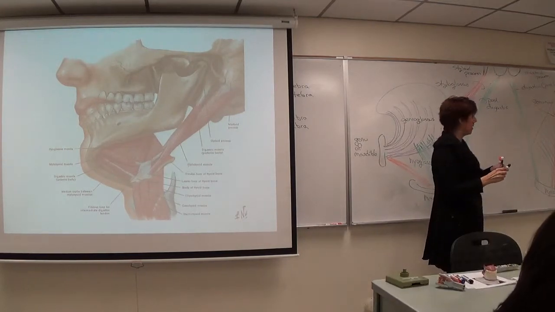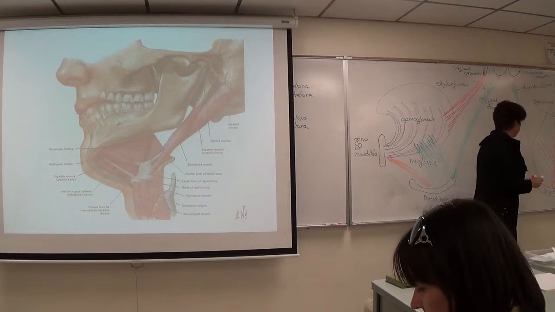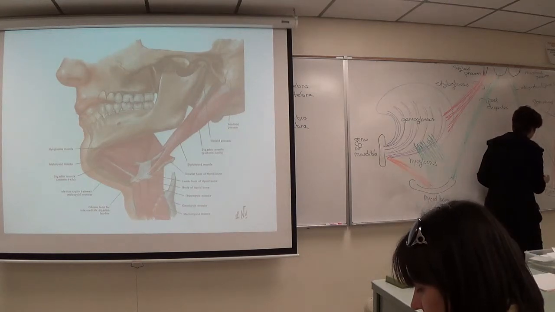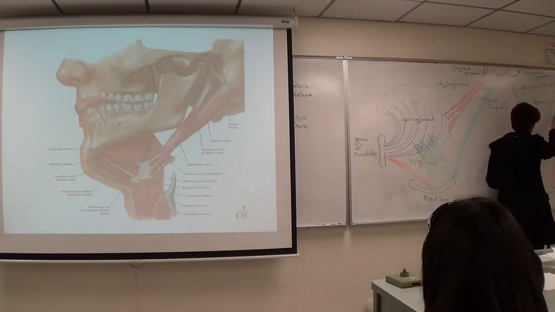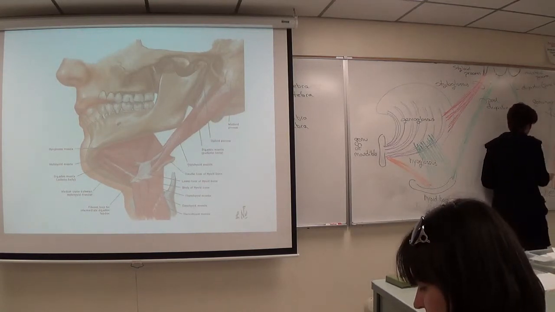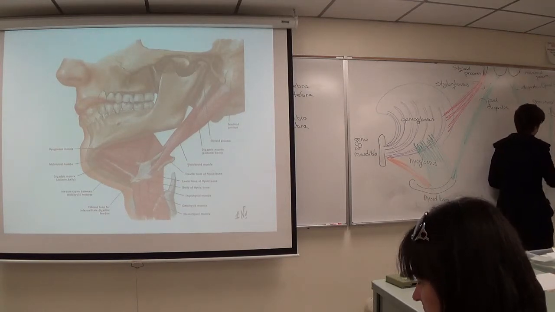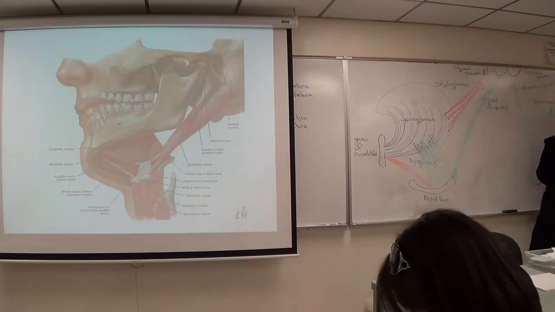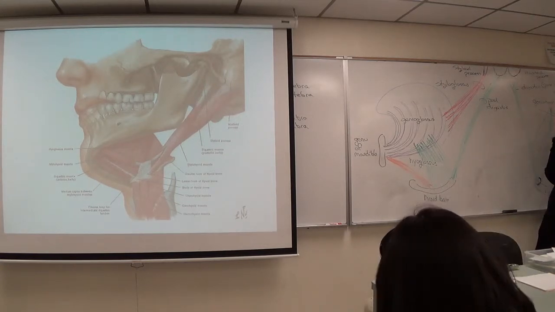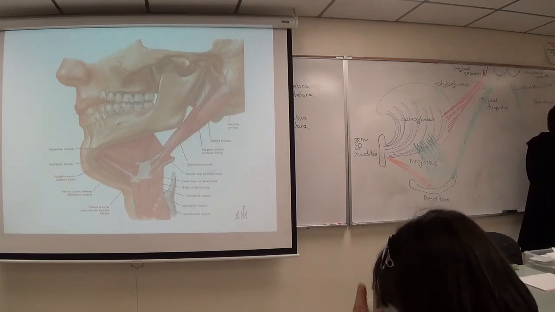Then the anterior, this passes over under a little pulley, and then the anterior belly would be the most inferior of these muscles. So we get anterior belly and posterior belly of the digastric.